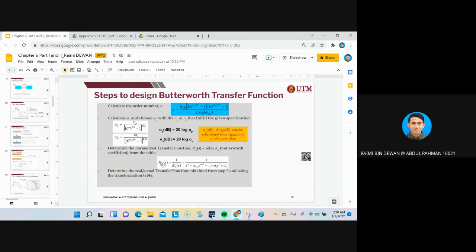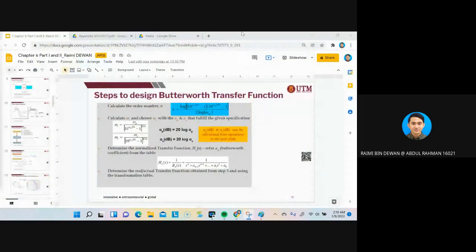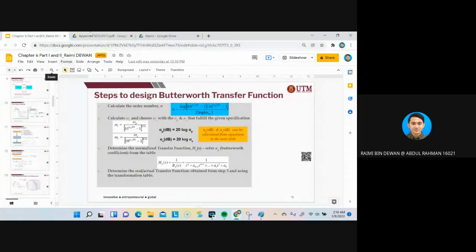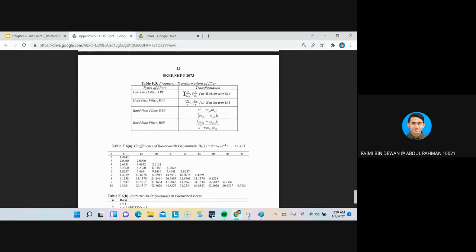If you can see, this is H_N(S), which is the normalized transfer function, not the real one because it has been normalized. So what we can do: this one is for Butterworth, and this one is for Chebyshev.